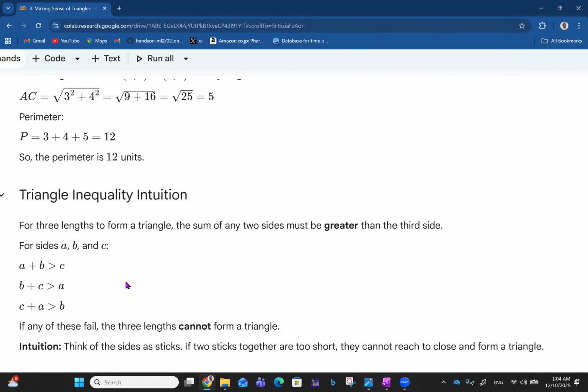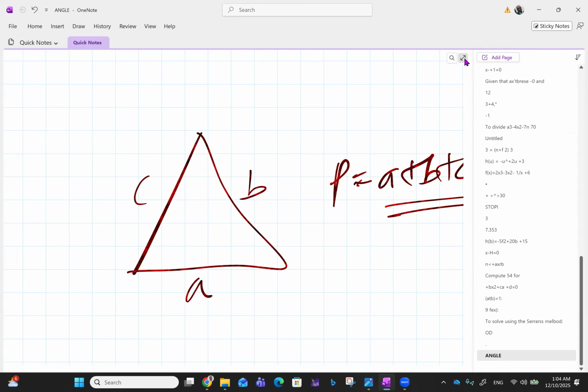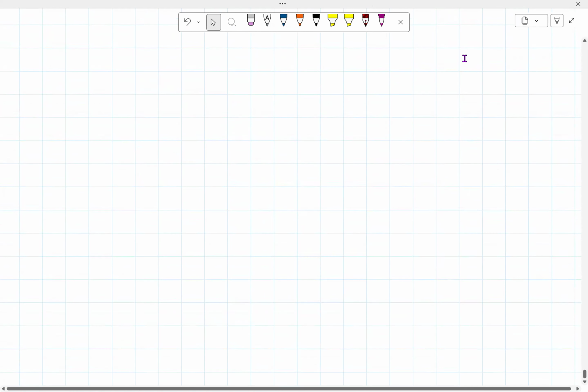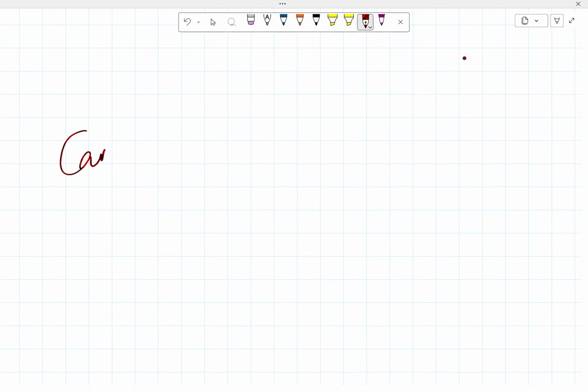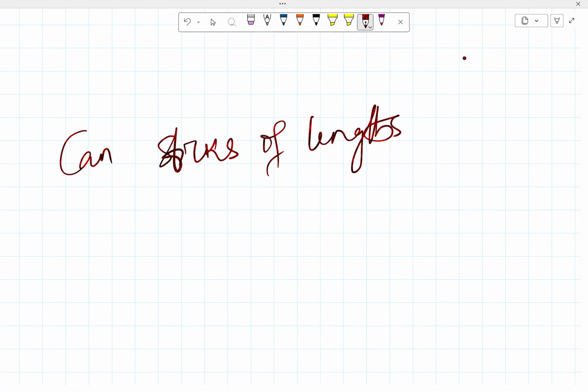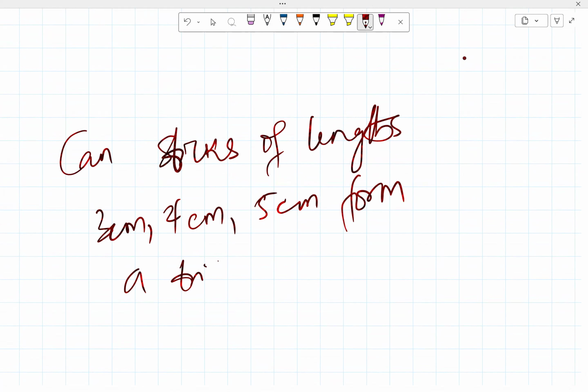So how do I know that? Let's try 3, 4, 5. Can sticks of length 3 cm, 4 cm, and 5 cm form a triangle? How do you know?